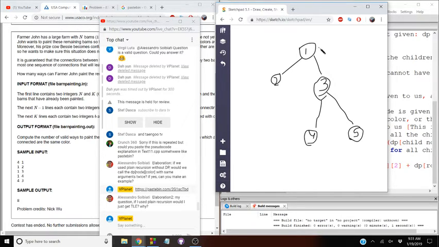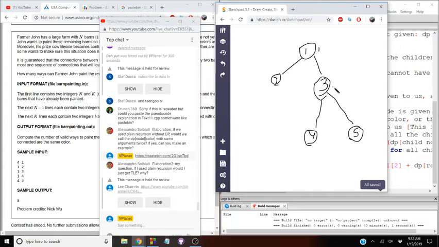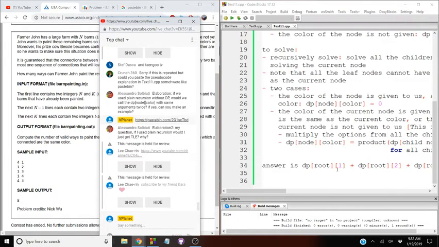I'll color this 1, and then I'll color this, say, 2, and then I color this 1, this 1, and this 2. So for 2, I put 1 here and 1 here. And when I mark this as 3, I again put 1 here and 1 here. Does that answer your question? I hope so. Let me know if you still have a question about that.